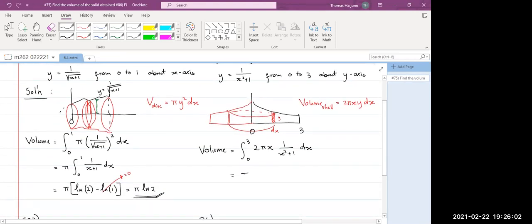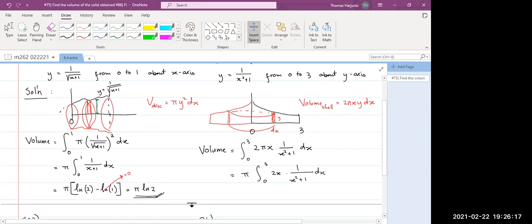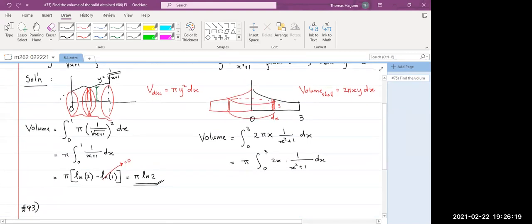Let me take the pi out, and I will do substitution here. Let u equal x squared plus 1. So my du will be 2x dx.